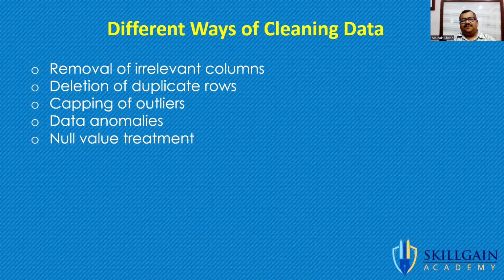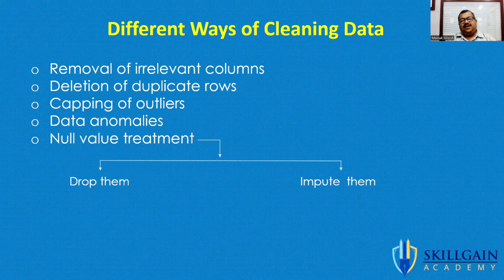Now next is null values. What are null values? Null values are those which do not carry any information, that is, vacant cells. So there are two to three types of operations to handle the null values. Let us see one by one. First, we can straight away drop them. If the proportion of null values in the full dataset is very negligible, then we can straight away drop them.